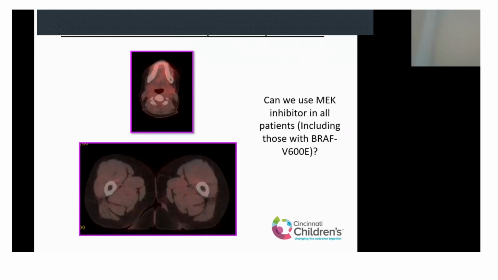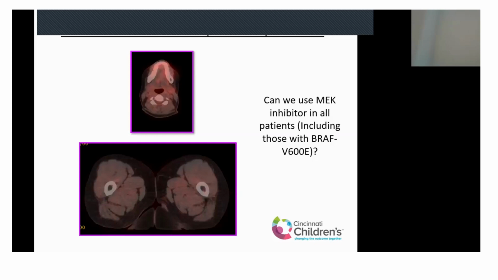And so since then, we've been asking, could we just use a MEK inhibitor in everybody? Why not just do that? The reason is that in children, who I mostly treat, histiocytic diseases are rare. And so in order for us to learn which medication to use, we have to gain experience from treating as many patients as possible.